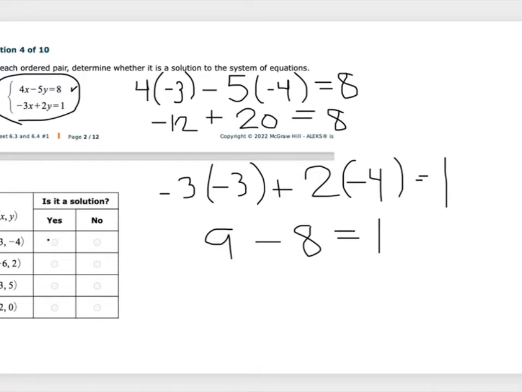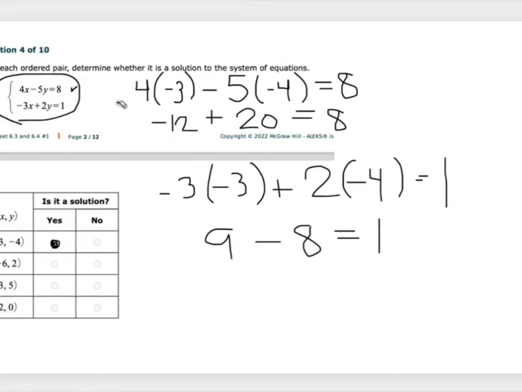So we say negative 3, negative 4 is a solution to this system. Now, that is the only one that I'm expecting, because this is a line and this is a line. They're not only going to have one place where they coincide unless they happen to be the same line, which I do not think they are.